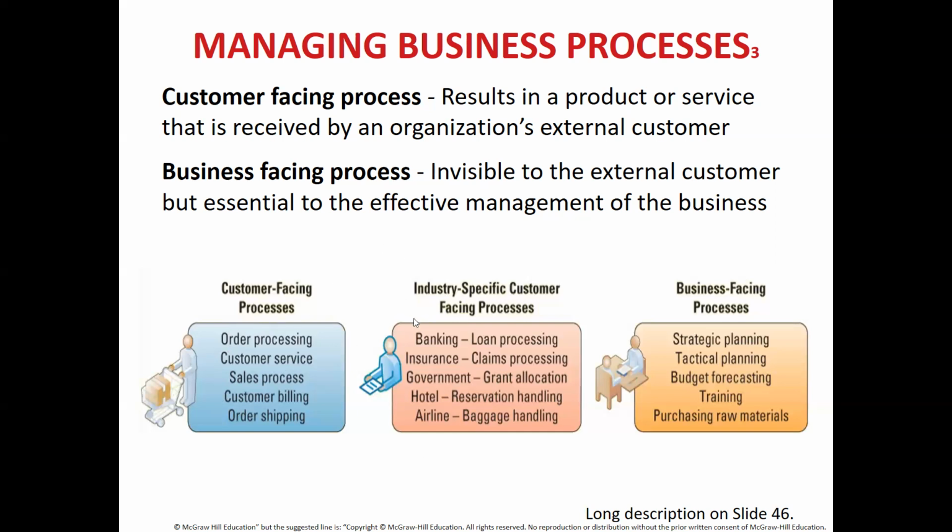Your business customers are banking, that is loan processing, insurance claims processing, government grant allocation, hotel reservation handling, airline baggage handling. And then you have business facing processes, that means those processes which are internal and occur within the organization. These are strategic planning, tactical planning, budget forecasting, training, purchasing raw materials.